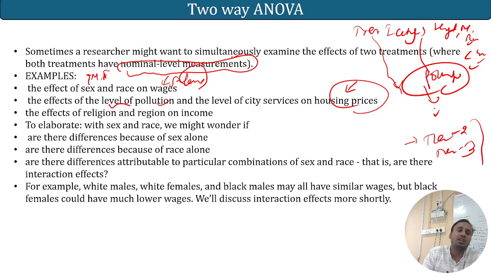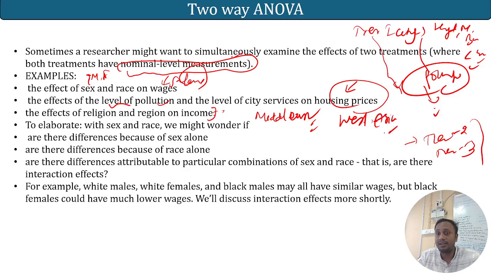Then the effect of region or religion will also be there on income. It depends on whether we have the Middle East, or the West, or Asia. It will change.